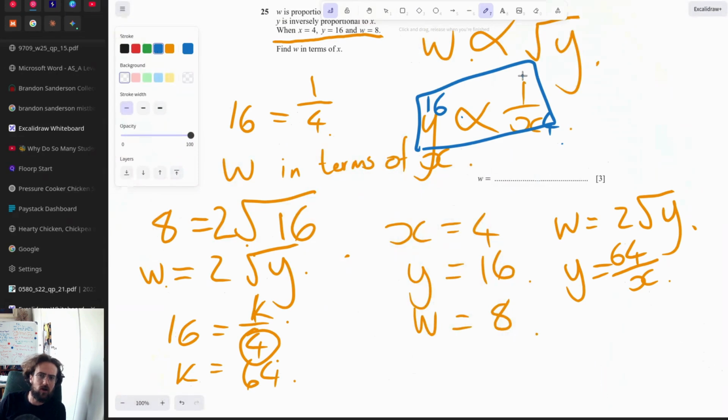So this one would then be k because y is equal to k over x. And w is equal to b square root y.